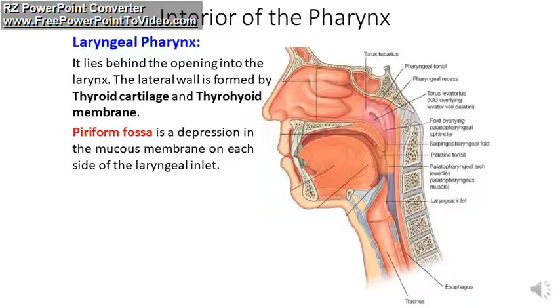In the laryngeal pharynx, which lies behind the opening into the larynx, the lateral wall is formed by the thyroid cartilage here and the thyroid membrane. The piriform fossa is the depression of the mucosal membrane on each side of the laryngeal inlet here in this area. This is the laryngeal inlet, and this is what is called the piriform fossa.